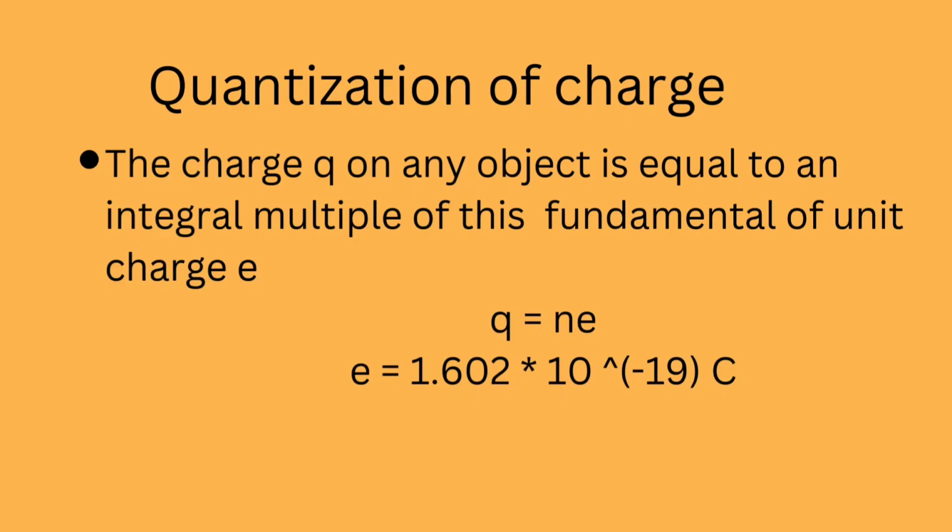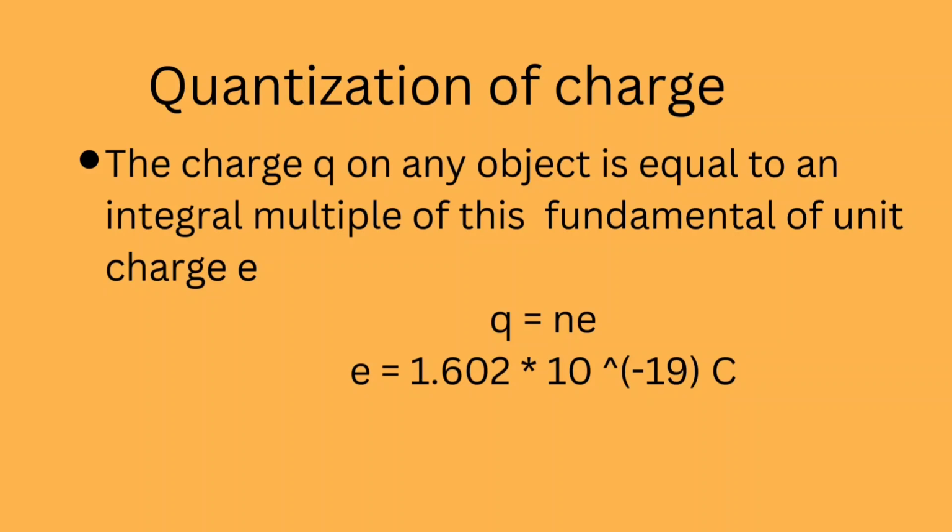And another basic property is quantization of charge. The charge Q on any object is equal to an integral multiple of the fundamental unit of charge e. This means electric charge always exists in discrete fixed amounts. It is not continuous.